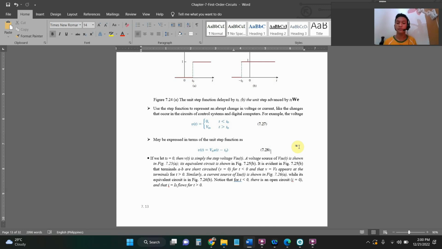We use the step function to represent an abrupt change in voltage or current, like the changes that occur in the circuits of control systems and digital computers.